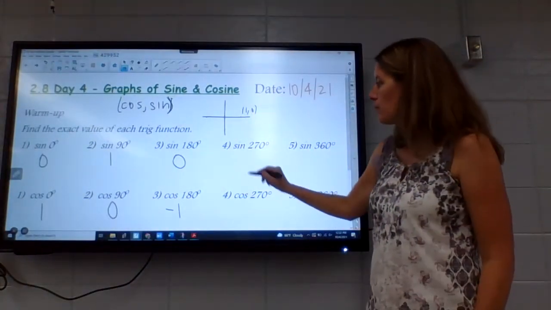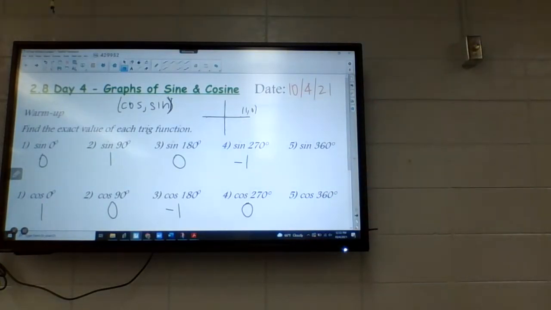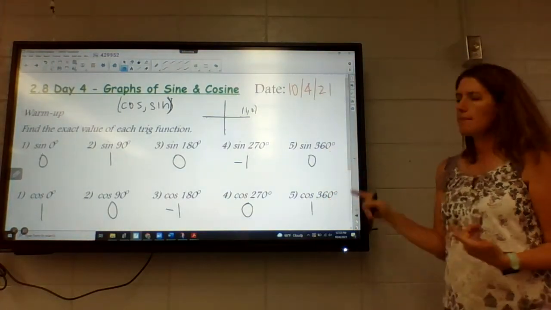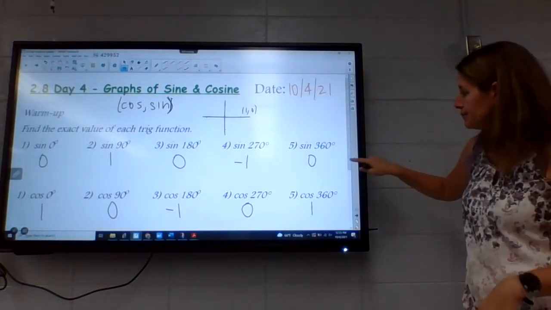So this is -1, and then this is 0. And then it repeats, right? So this would keep happening over and over and over again. This is what's getting us to start thinking about what these graphs should look like.